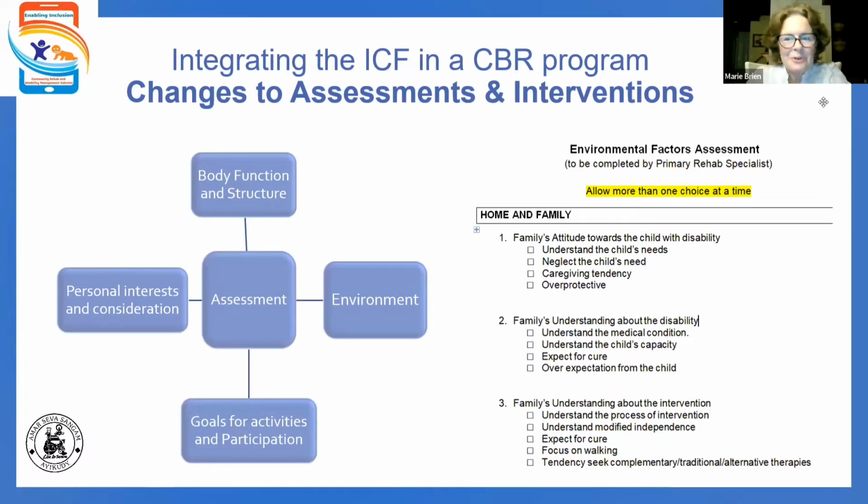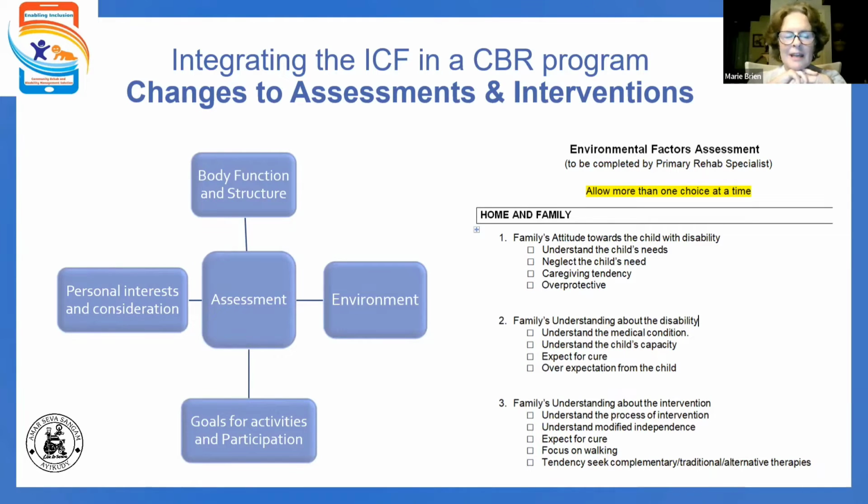So in order to have the environmental intervention, we had to bring about some changes in our Enabling Inclusion program, in the EI app, to fully have the assessment of the environment and also the intervention on the environment. So we also looked at the ICF and how the ICF guides us.